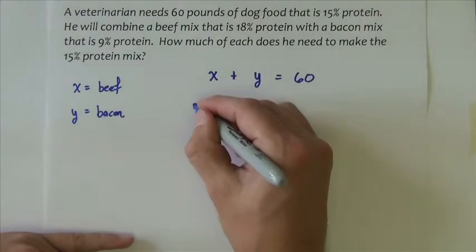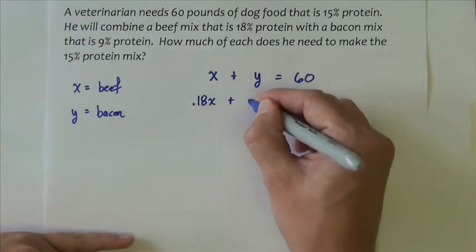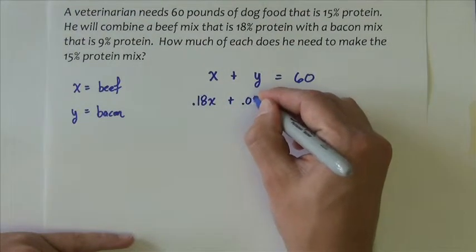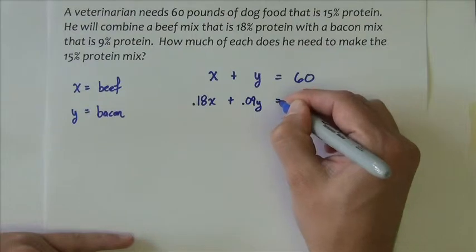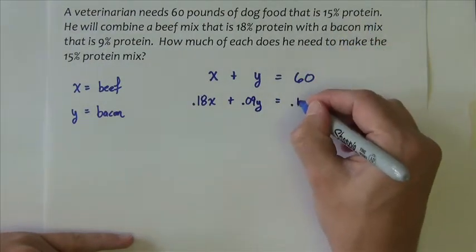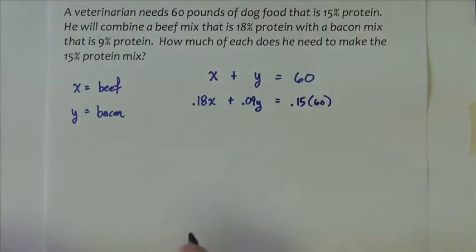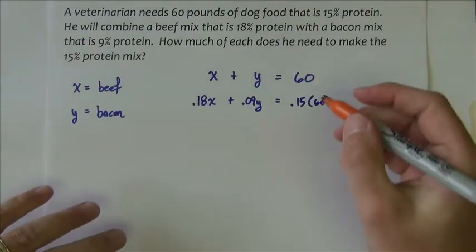The beef mix is 18% protein. The bacon mix is 9%. And we want the total to be 15%. Like that. All right, I'm going to solve this with a substitution method.